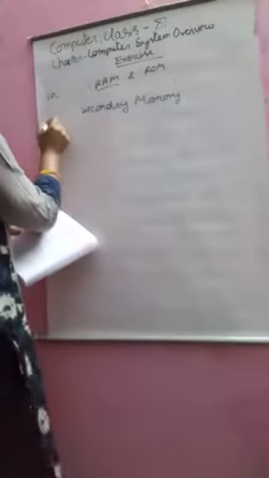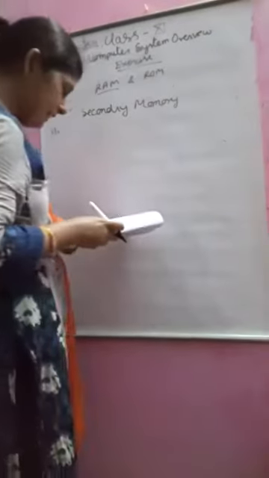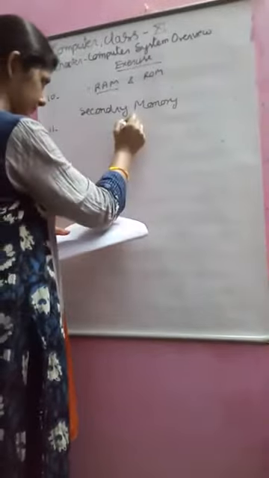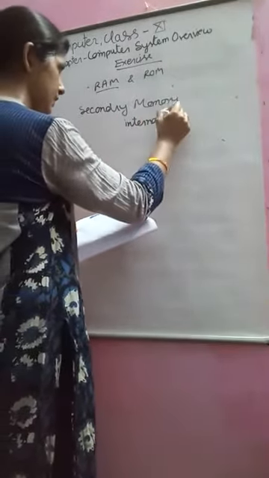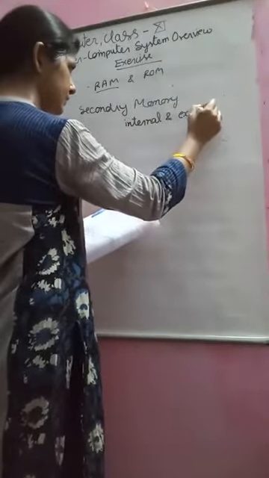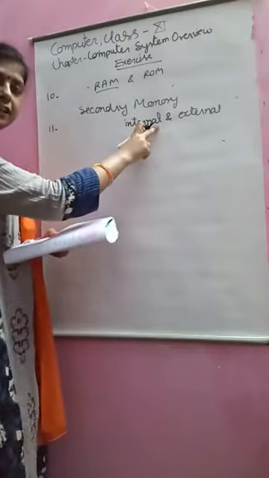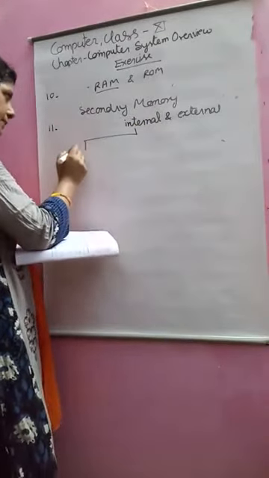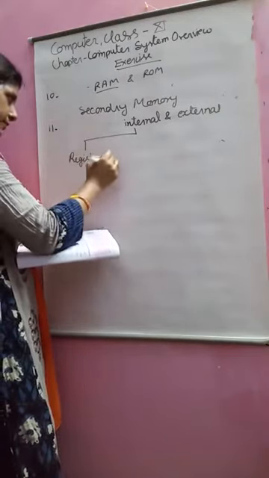Now, question number 11. Distinguish between internal and external memory. Internal means internal to the processor. Here come the register and cache.